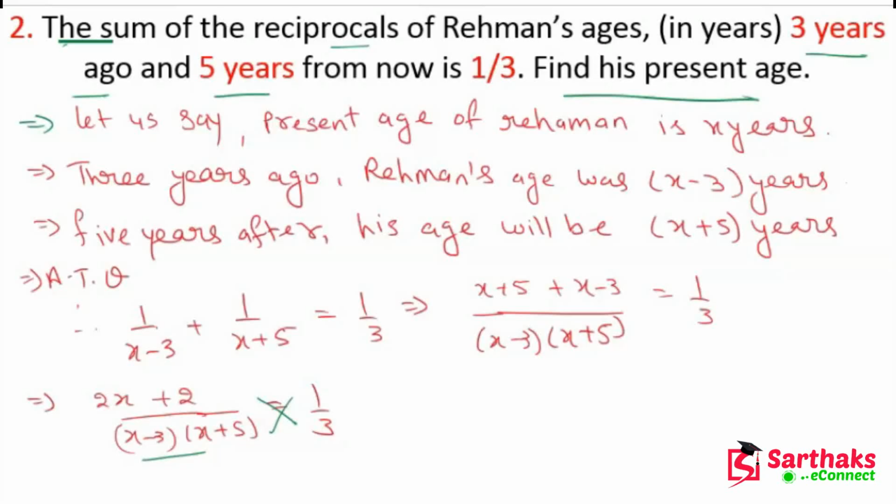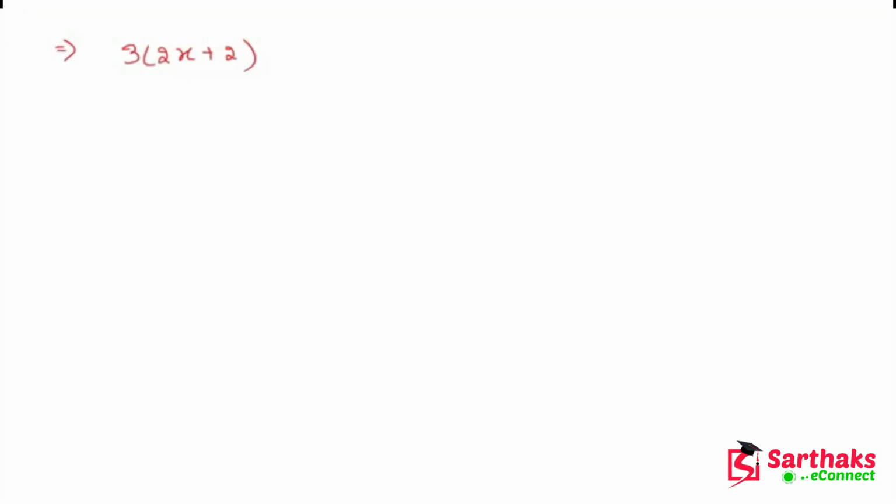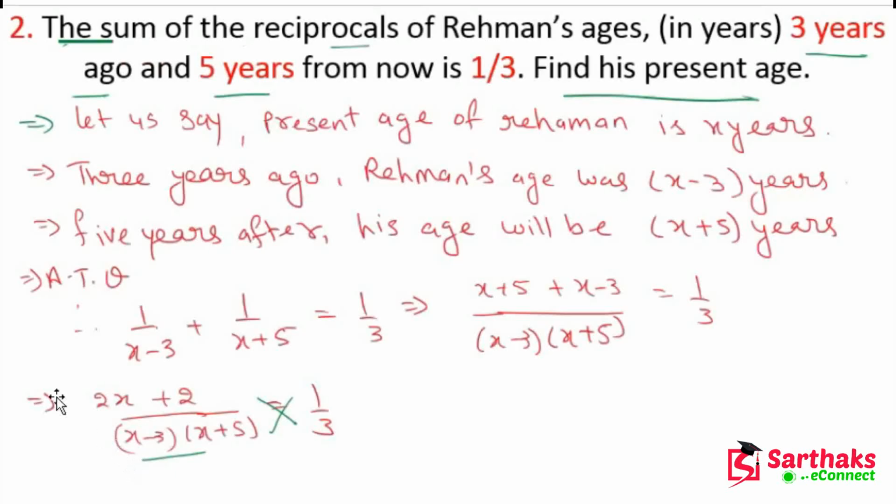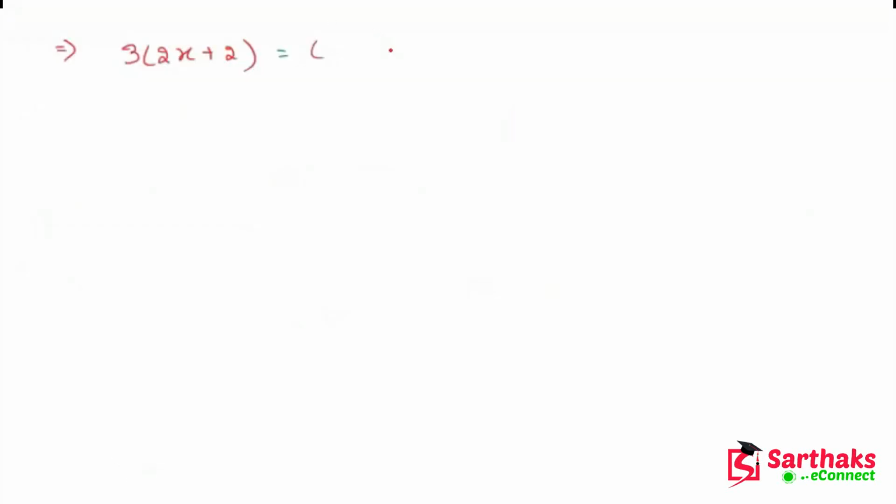So here we get 3 into 2x plus 2 is equal to x minus 3 into x plus 5. Got it? I hope you understand these things.